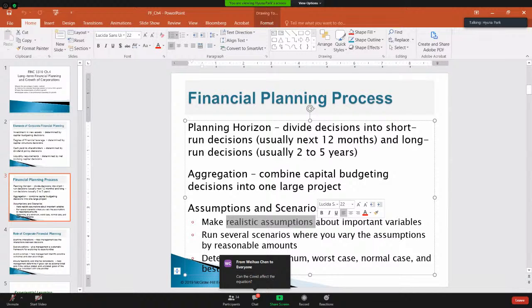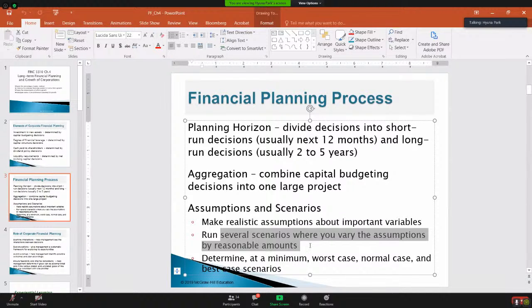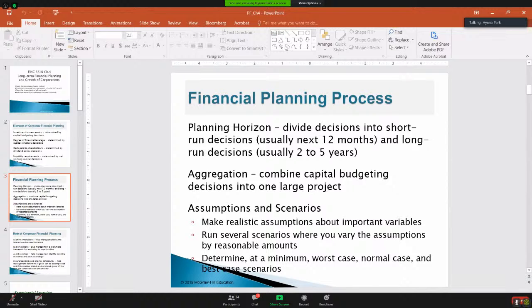Companies should be prepared for that worst case as well. So make several scenarios, and at a minimum plan for the worst case, normal case, and best case.